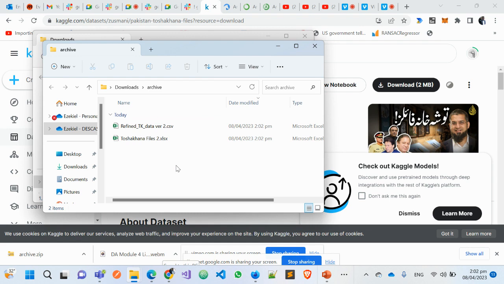You see, it's what I said about having supporting files within the folder, and that is why it's zipped. After extracting the file, I discovered that there are two files within the dataset: one is in CSV, the other is in Excel, as you can see from the extension. I don't know if you understand now.